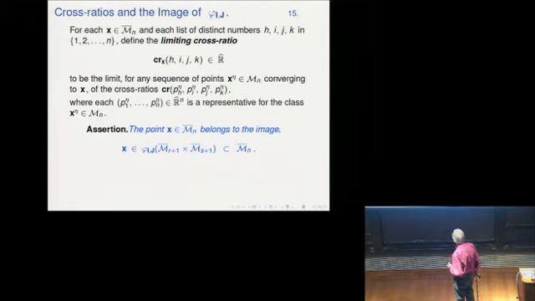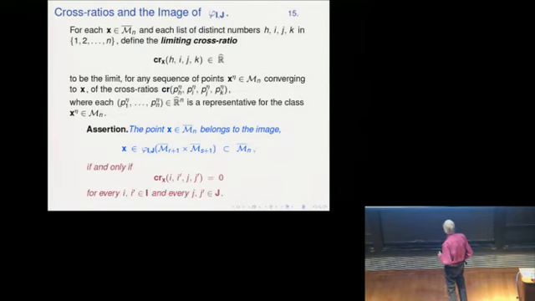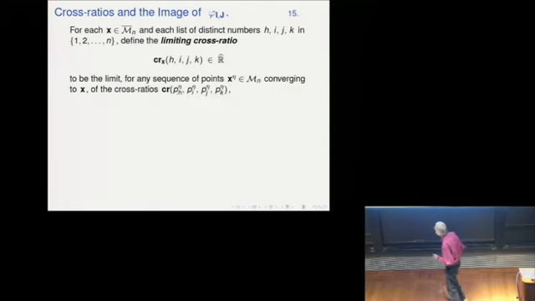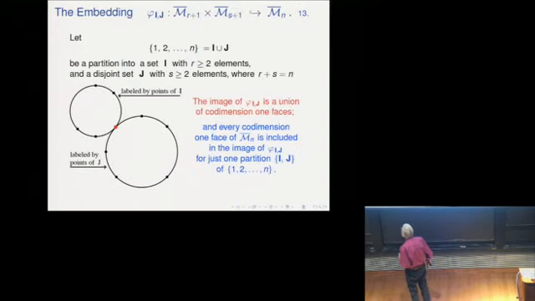And in terms of this, I can say that a point x belongs to the image of this map if and only if every cross ratio in which the first 2 entries come from capital I and the second 2 entries come from capital J must be 0. Let's see, maybe I'll understand this better if I skip back to this picture. So if we take any cross ratio where we take 2 points from here and 2 points from here, it must be 0.